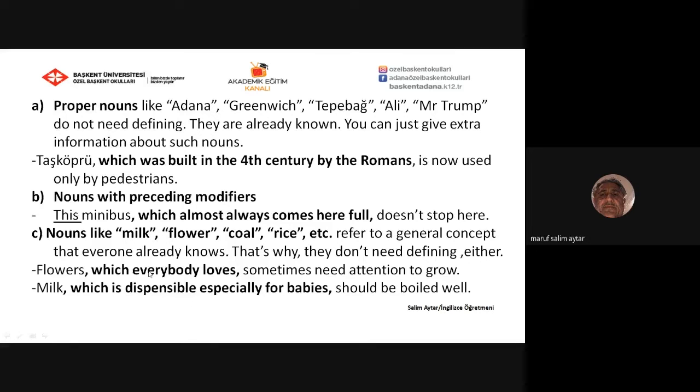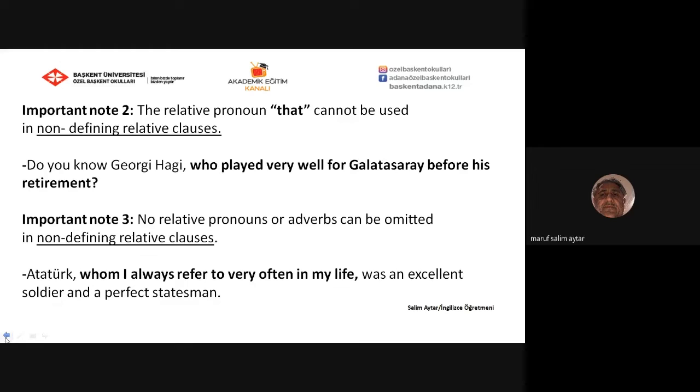Therefore, they need to be put into commas. The relative pronoun that cannot be used in non-defining relative clauses. Okay? Instead of that, we use other pronouns like who or which.